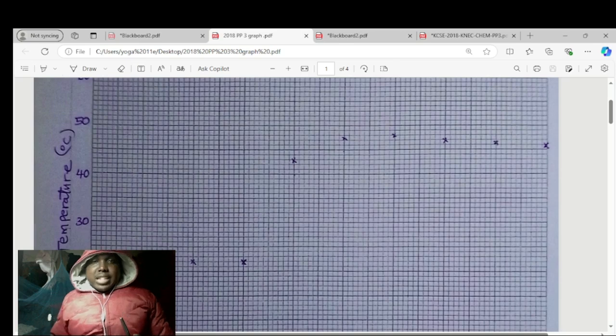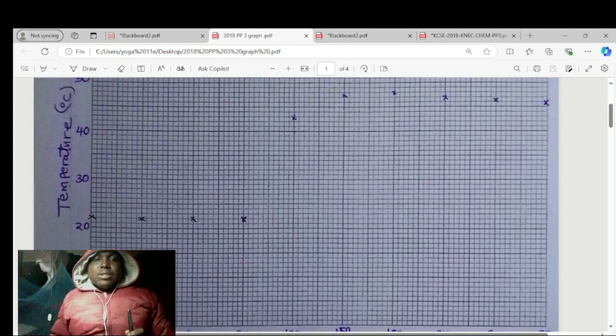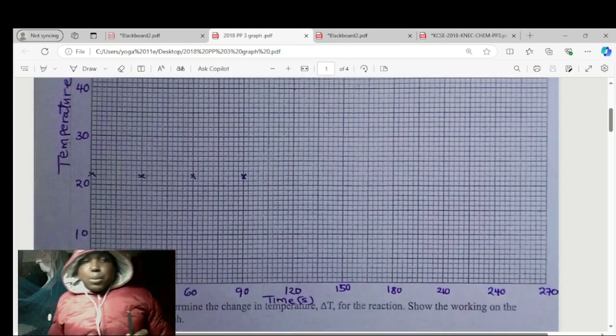When it reaches the last point here, you extrapolate the line to our reference point, which is 90.